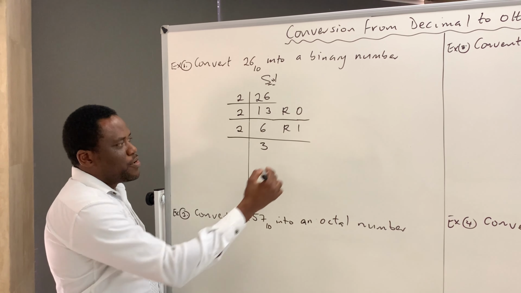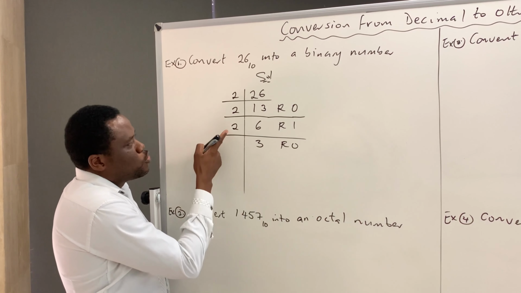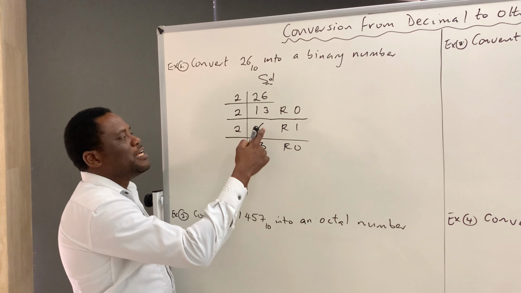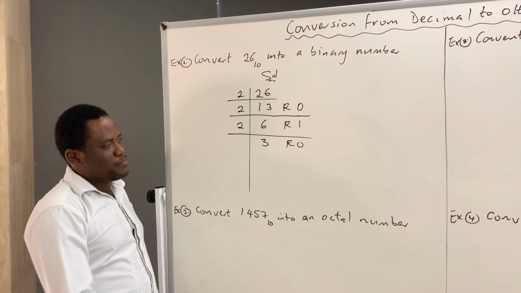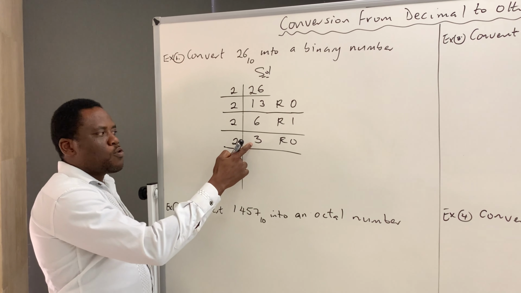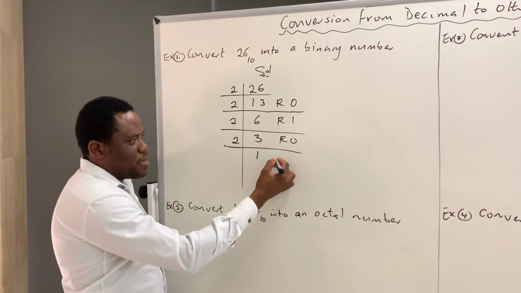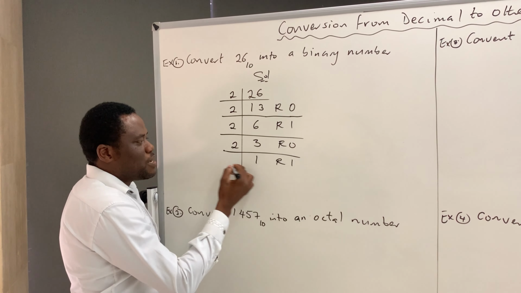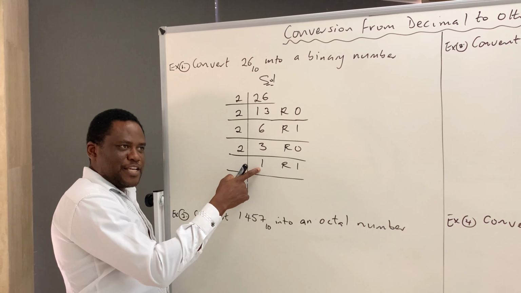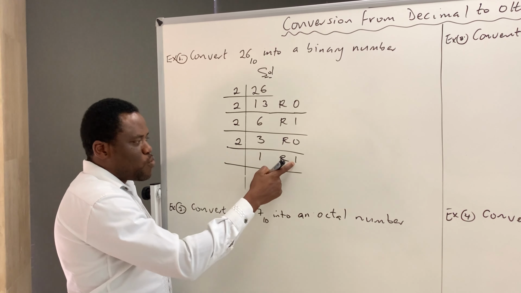What remains? Nothing remains. Because 2 times 3 is 6, and 6 plus 0 is 6. Again, 2. 2 goes into 3 once. What is left is 1. So 2 times 1 is 2, and 2 plus 1 is 3.